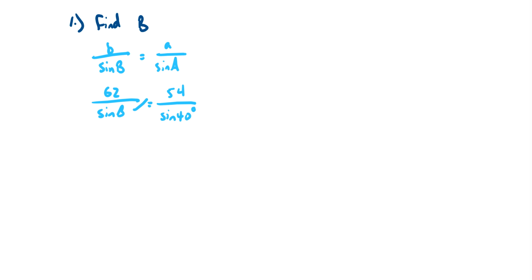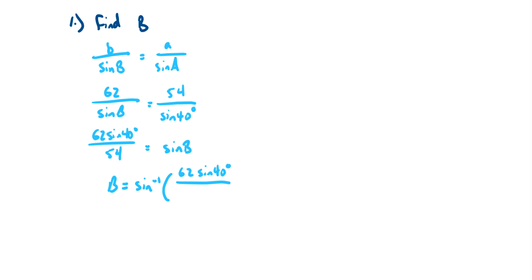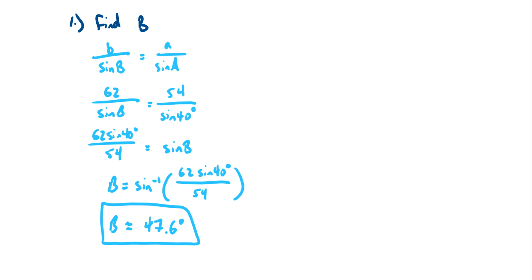To get B by itself, we're going to do sine inverse of the other side. So sine inverse of that big mess, which as always looks very complicated, but just make sure you plug this in the calculator in degree mode, and we end up getting B is approximately 47.6 degrees. Obviously, if you're doing this on homework or an exam, you'll see what to round to. I just rounded this angle to the nearest tenth.